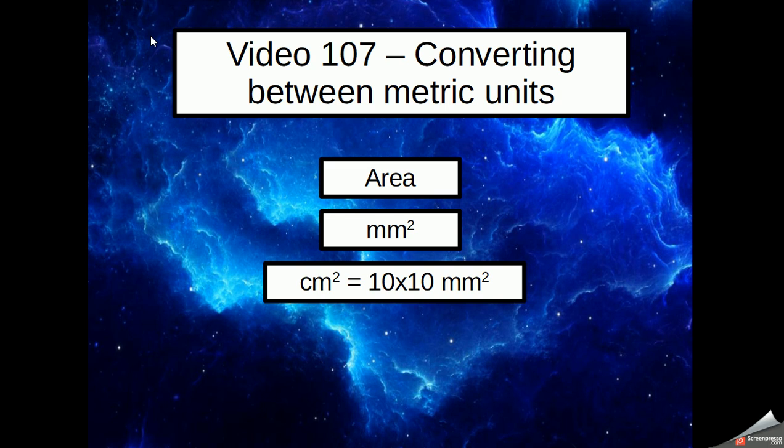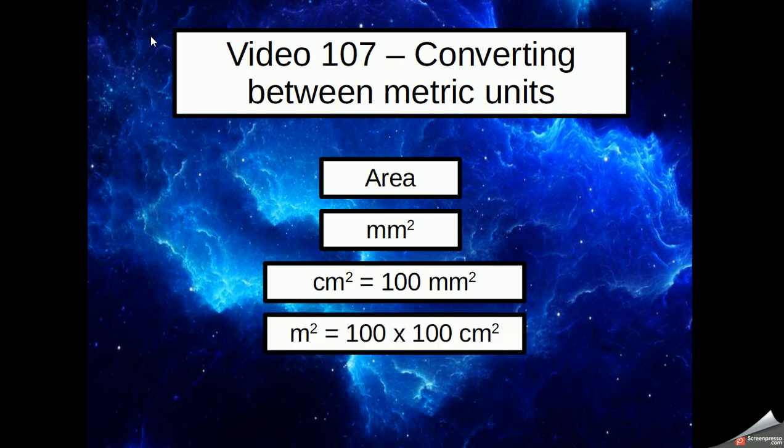So one of the sides of the square is a centimeter long and hence is 10 millimeters, but the other side of the square is a centimeter long and therefore 10 millimeters. So when we multiply 10 by 10, we have 100 millimeters squared. So a centimeter squared is actually 100 millimeters squared, not 10.